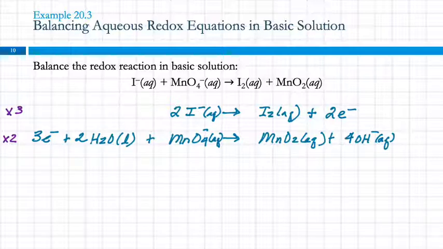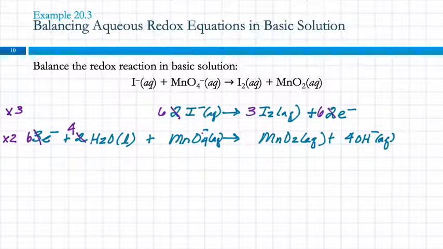So this top one is times 3. So 2 times 3 is 6, and 1 times 3 is 3, and 2 times 3 is 6. I'm multiplying the whole thing by 3 so it's still balanced. Then the bottom, I'm going to multiply by 2. So multiplying by 2, this becomes a 6.